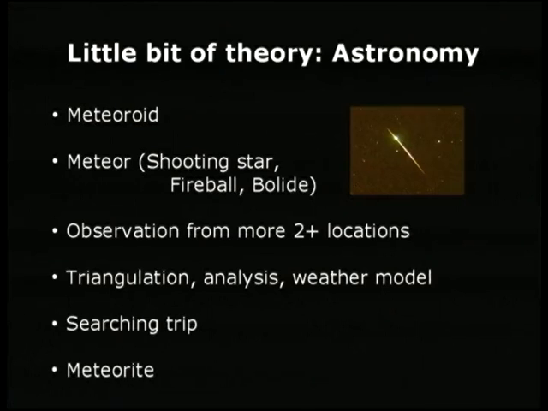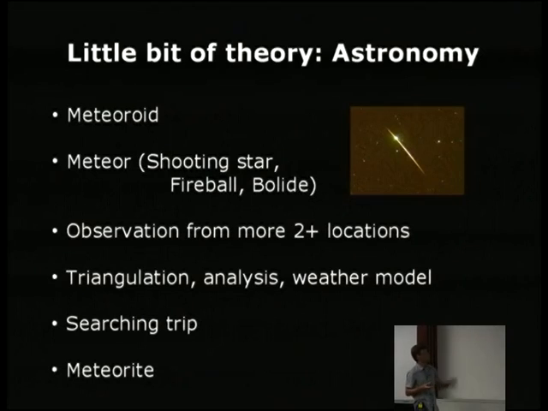I will start with a little bit of theory. It's a bit different topic than the radio astronomy. We are talking about a meteoroid, which is a kind of rock, chunk of asteroid or whatever, that is flying in the solar system. Then it gets to a stage of meteor.